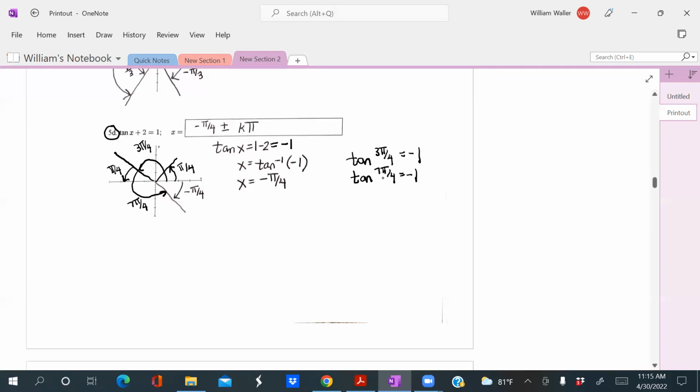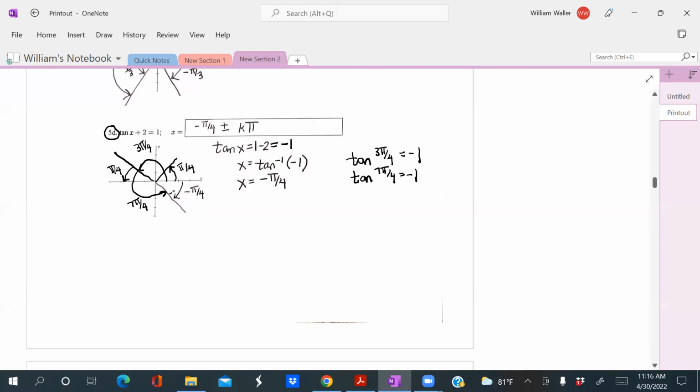So the only way to get into the fourth quadrant without going in the positive direction, which is going to make an angle too big, is to go in the negative direction. So the correct answer here is really minus pi over 4. See, if you go in the negative direction, pi over 4 units. In other words, if you draw the angle minus pi over 4, you get this angle in the fourth quadrant.